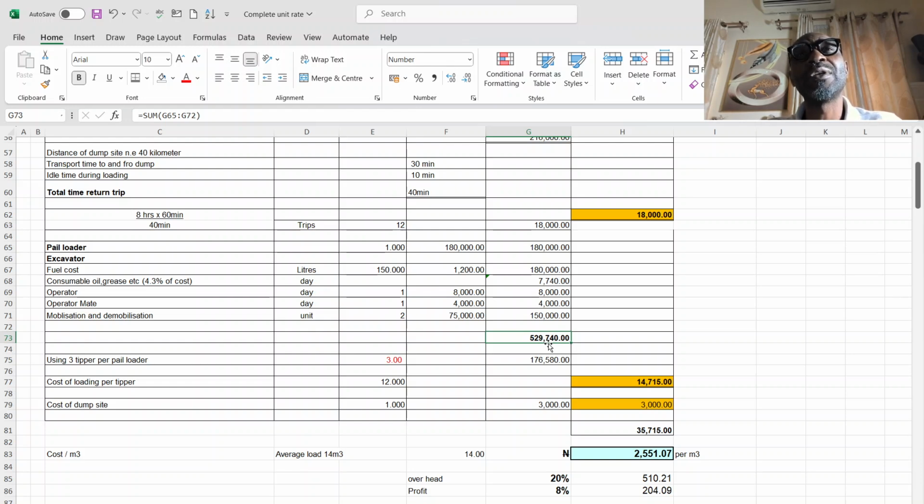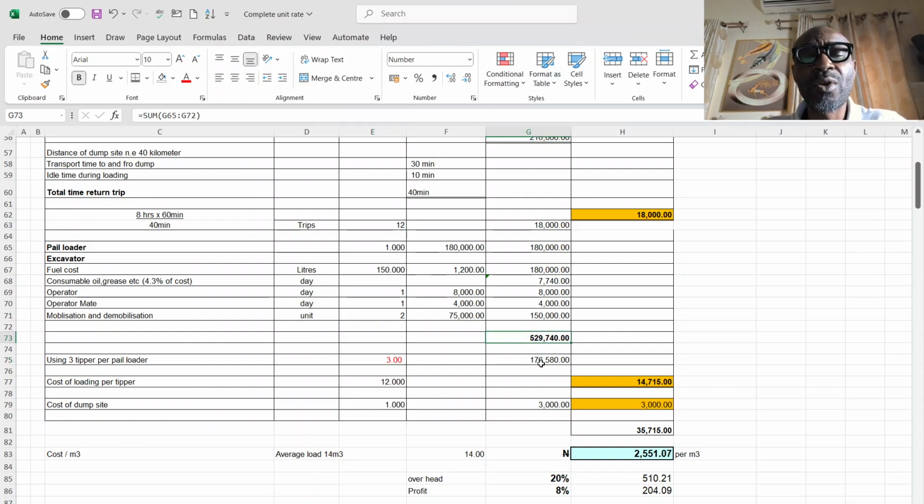If you deploy one, then the payloader has to be waiting. The truck will go for 40 minutes and come back before it will load again. So meaning it is underutilized. So you need to deploy a minimum of 3, maximum of 5 for it to be utilized efficiently. So in this case, we're deploying 3 for the payloader.